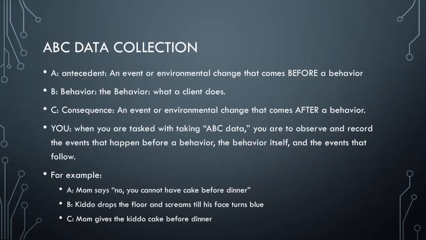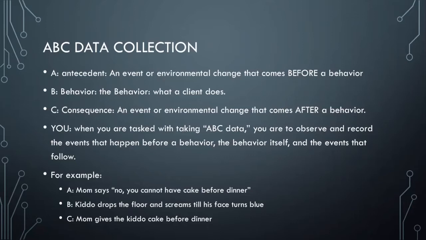Maybe an antecedent is just your presence. Maybe you walk in and it makes them want to engage in a behavior. Hopefully that behavior is running up to you and loving you. Sometimes it's screaming and running the other way. It depends. But an antecedent is really just any change in that kiddo's environment that happens before a behavior.